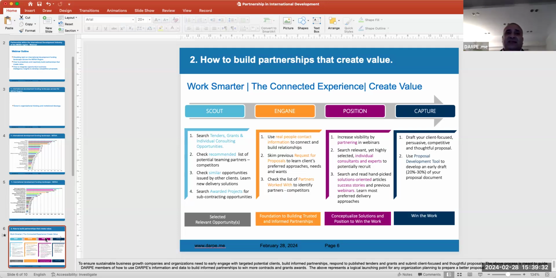Also, from DARPE, you can see the awarded projects. Once you have the awarded projects, you understand who has been awarded, which again gives you potential partners, potential competitors, and the price that you will win. Price is important in proposal writing. Usually we don't know how much a service costs. Is it 8,000 US dollars? 7,000? Or 12,000, 15,000 or 20,000?